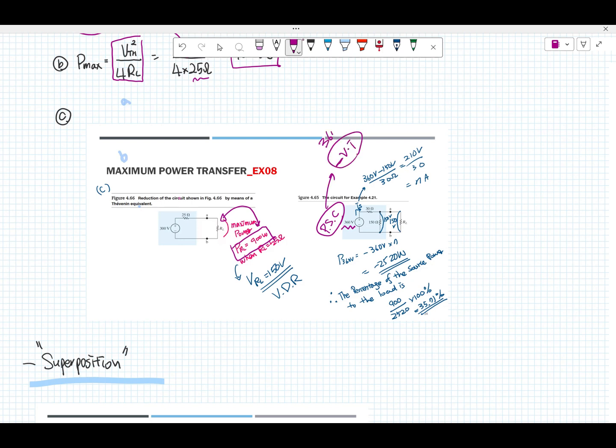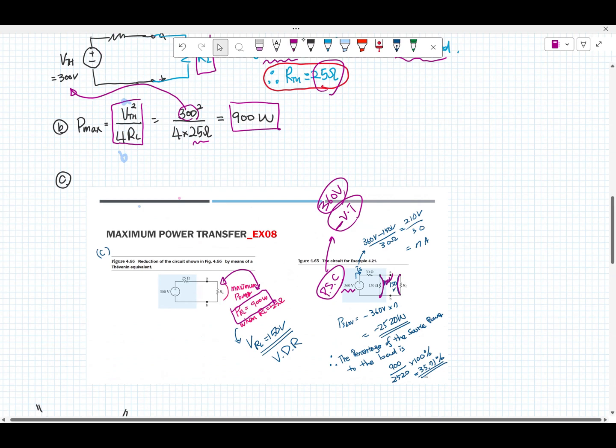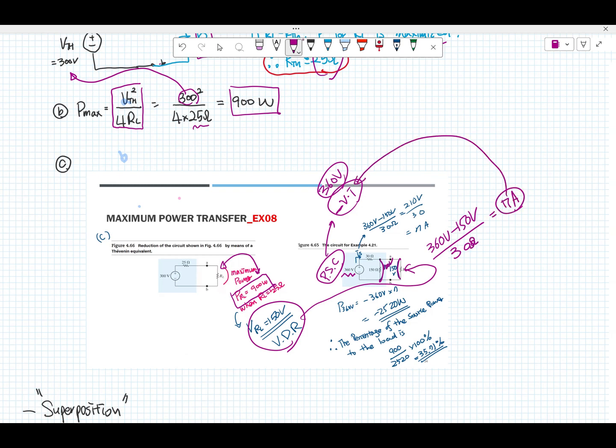V is 360 volts. I sub S is found from the Thevenin circuit using the voltage divider rule, 150 volts. So 360 volts minus 150 volts, divided by 30 ohm, finally that was 7 A. Plug in the I, and finally that was supply.